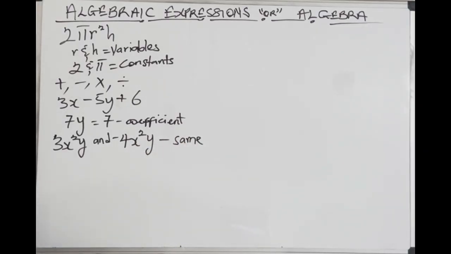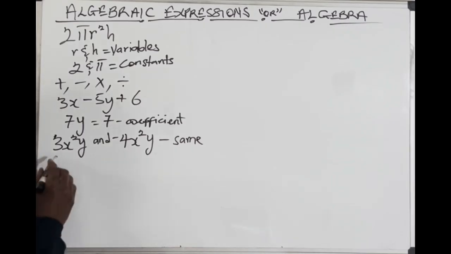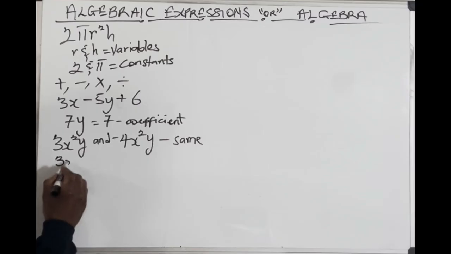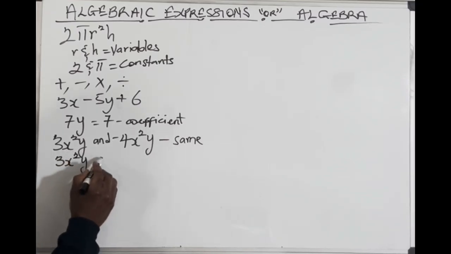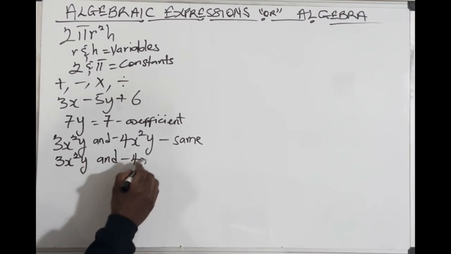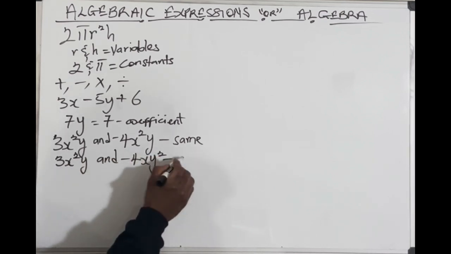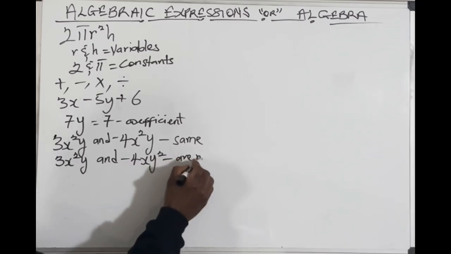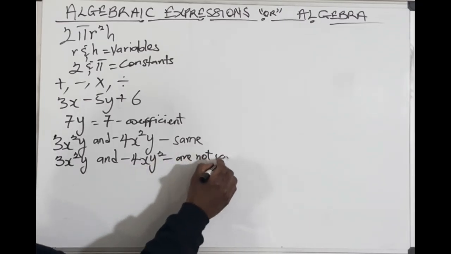All right. But then an example like 3s squared y and minus 4sy squared are not the same.